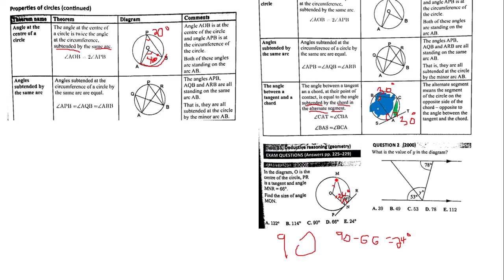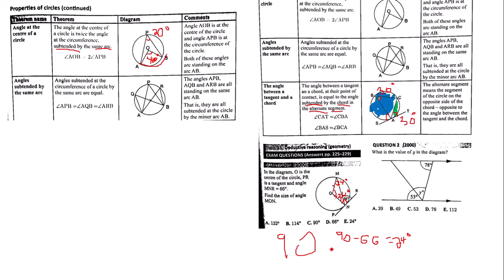So this angle at the point M is also 24 degrees. And now we can find angle MON, this angle right here, by subtracting these two base angles from 180.